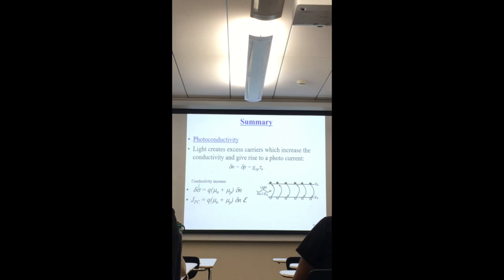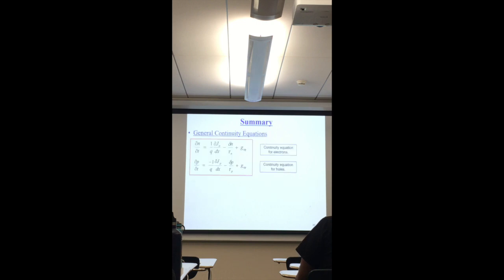We also introduced photoconductivity, which is related to the change of carrier concentration. And these are two general continuity equations for electrons and holes. We will use these two equations and try to simplify them for different conditions. We'll discuss it in the next lecture.